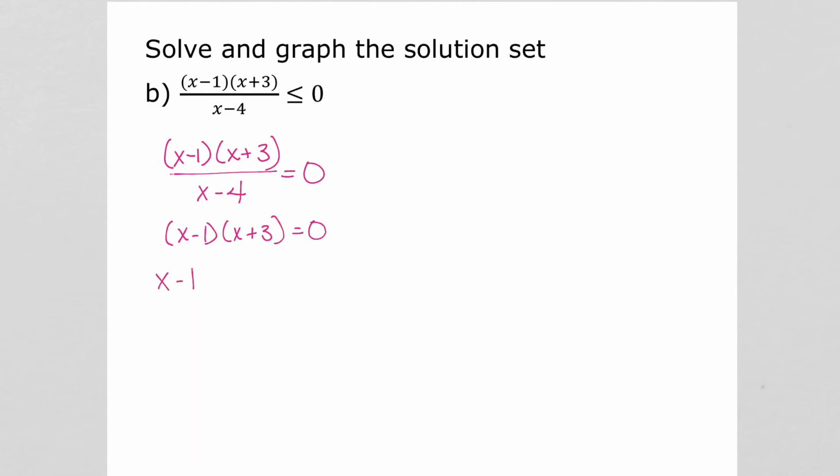So set both of those equal to 0. And then, of course, we have to take into account the domain again. So take the bottom and set it equal to 0. So we're also including a 4.